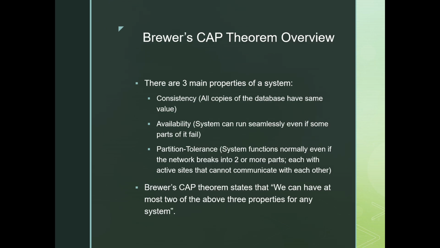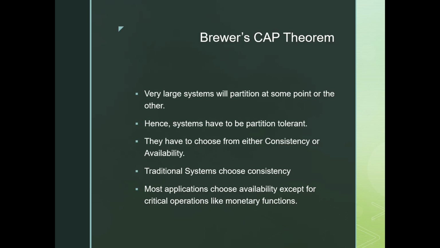So let's have a look at Brewer's CAP theorem. Brewer's CAP theorem says that there are three main properties of a system, that is consistency, availability, and partition tolerance. It also states that we can have at most two of the above three properties for any system. And generally, very large systems like distributed systems tend to have a partition at some point of time or the other.